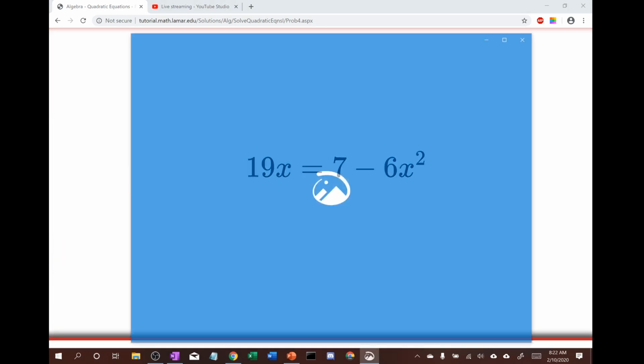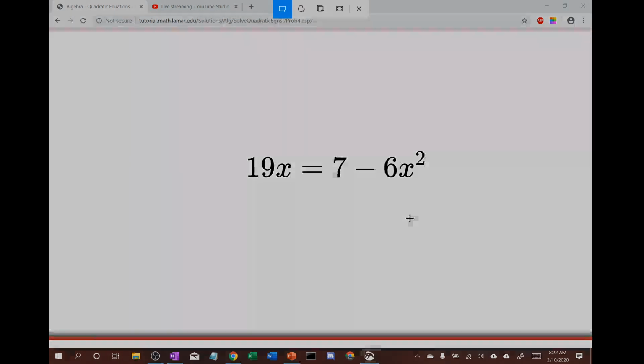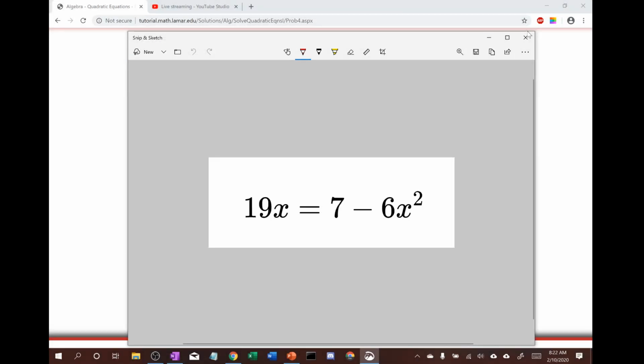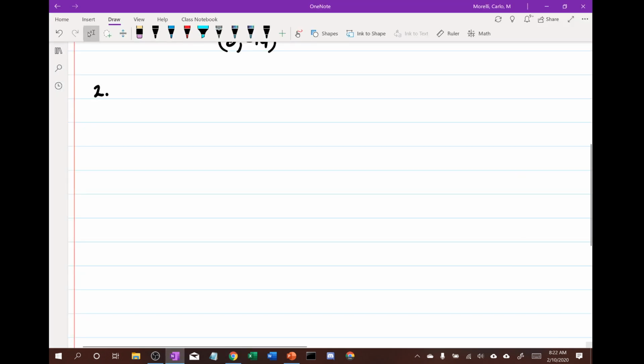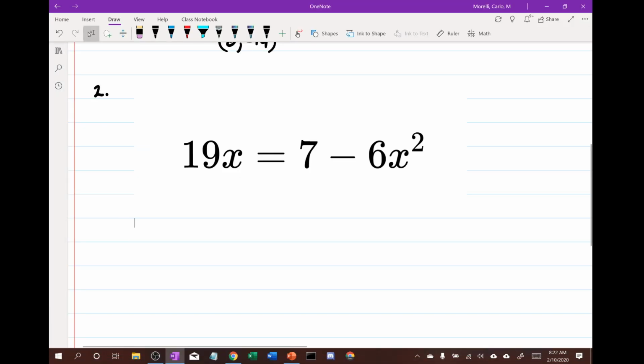Okay, to save myself some sanity, I'm just going to grab it and paste it right here. All right, so we're going to solve this. And guys, this is a quadratic with a not equal to 1.